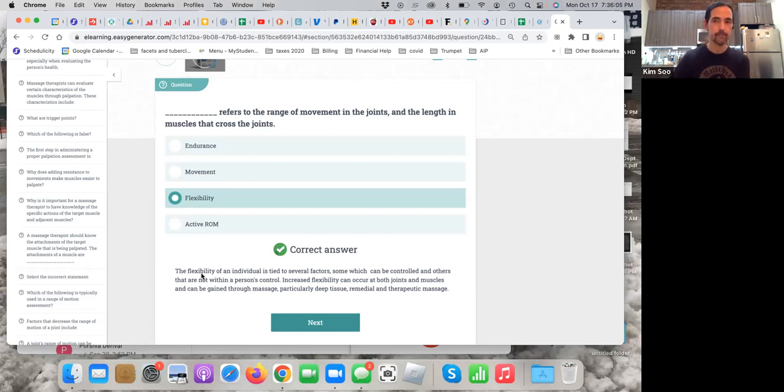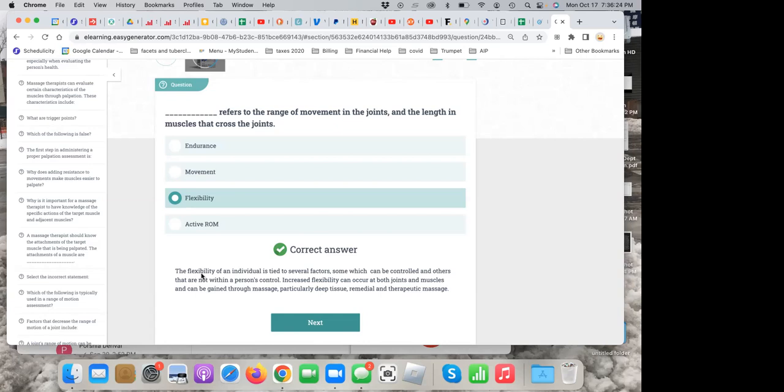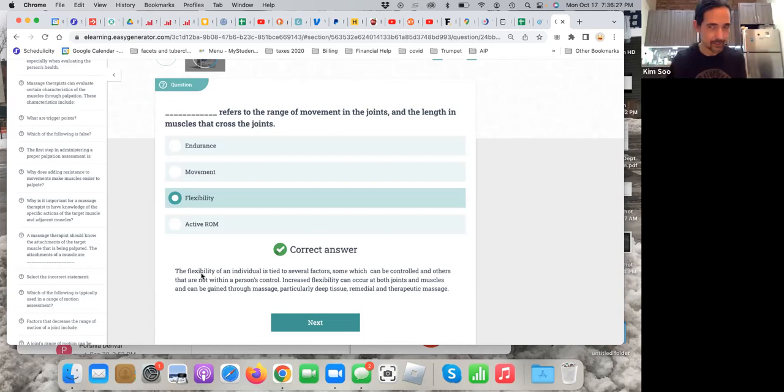Active range of motion is a test that determines how flexible someone is, how much range of motion they have in their joints, how much flexibility they have in their muscles. Does that make sense? Yeah, kinda.